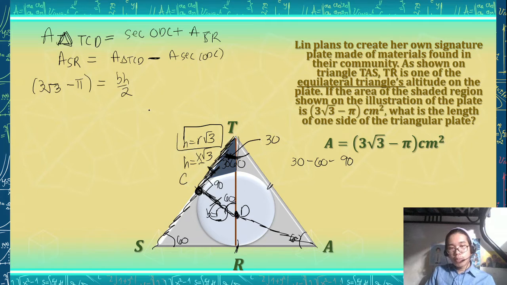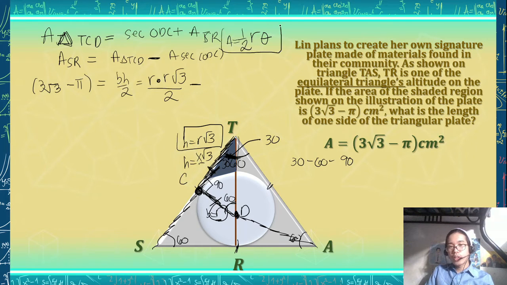So this is going to be base r times r√3, the height, all over 2, minus the area of the sector, which is 1/2 r² times theta.